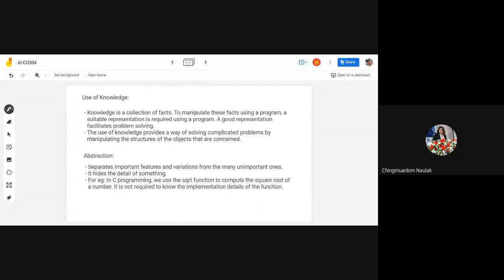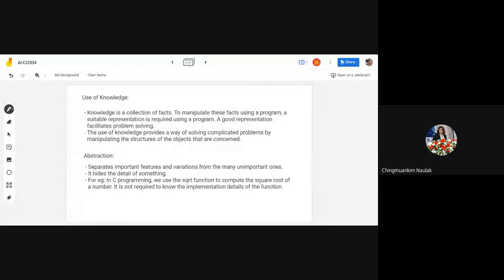The next thing is abstraction. Abstraction is a technique that provides a way of separating important features from the unimportant ones, and it hides the detail of something. For example, in order to compute the square root of a number, you just call a function called sqrt.